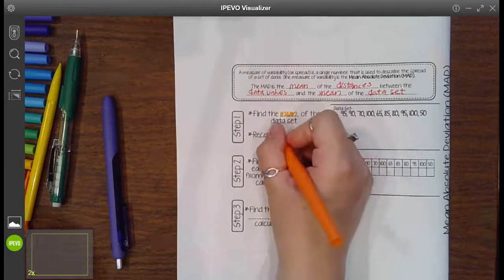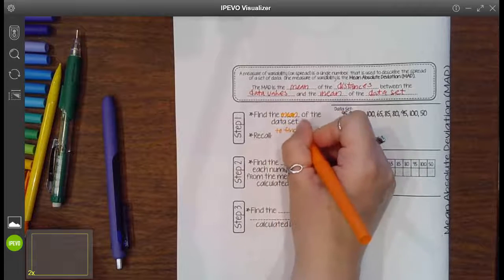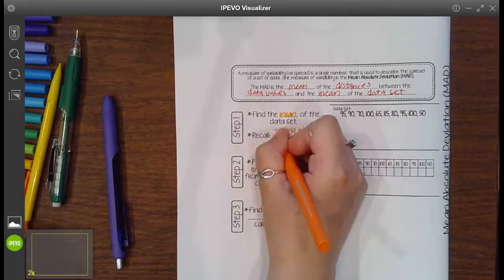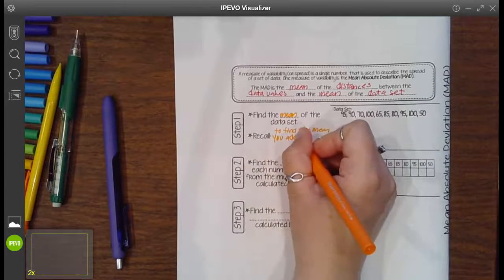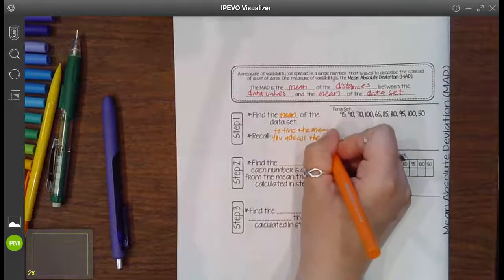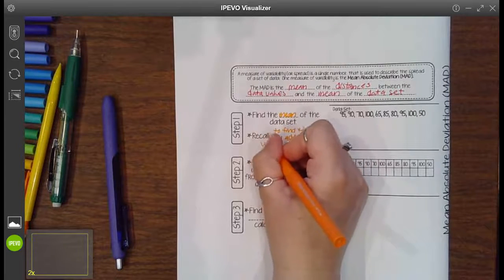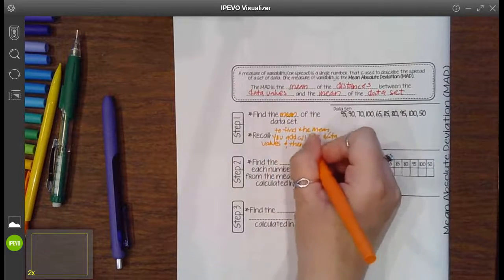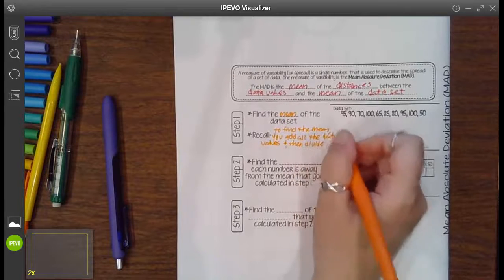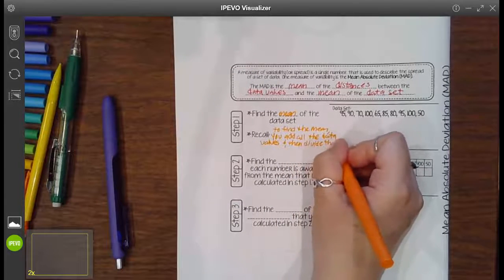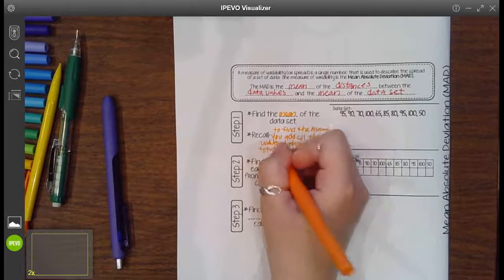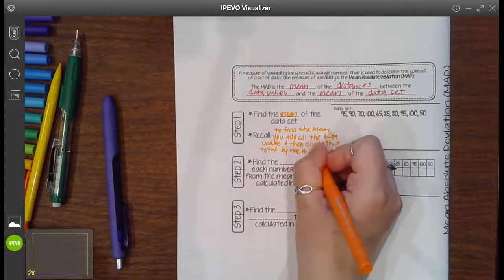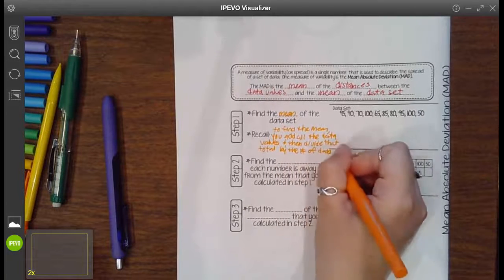Remember, to find the mean, you add all the data values and then divide that total that you get by the number of data values.